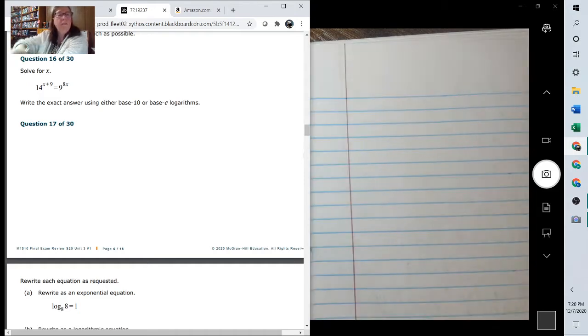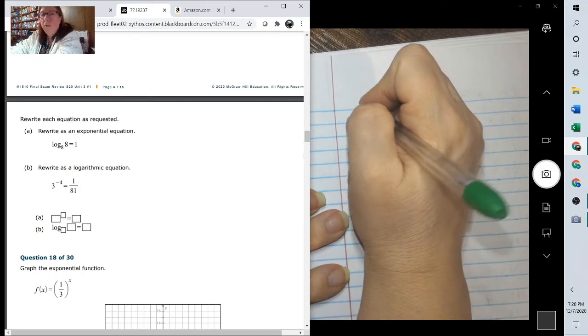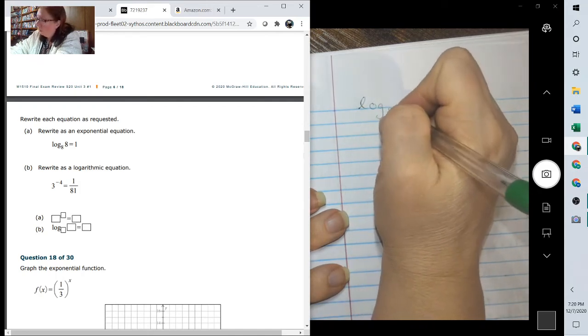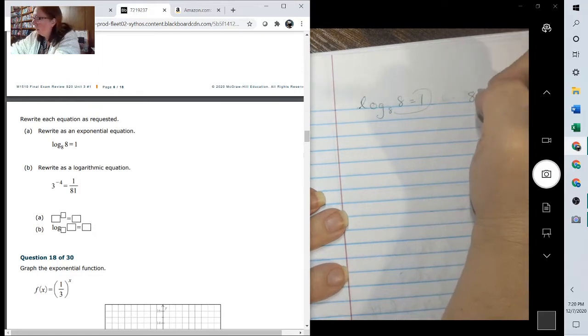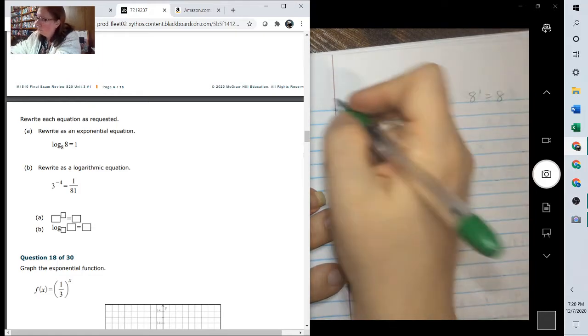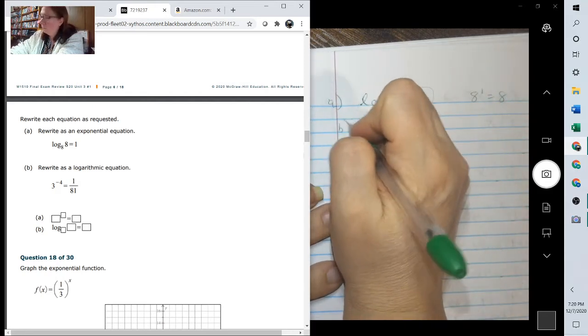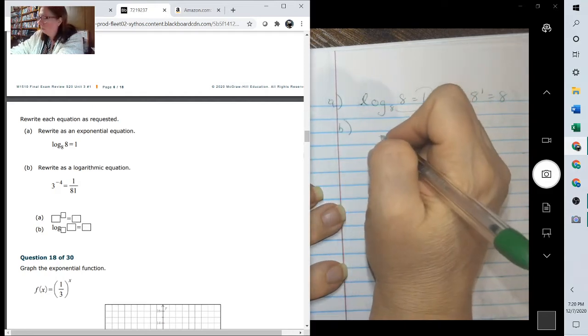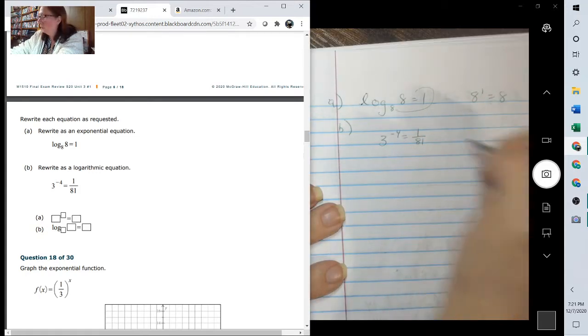Rewrite as an exponential function. Just rewrite it. 8 to the first equals 8. Three to the negative 4 equals 1 over 81.